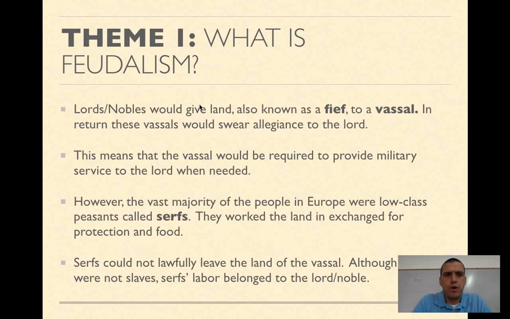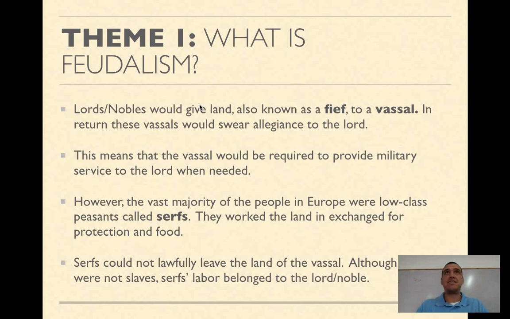So to continue theme 1, what is feudalism? How feudalism worked is that a king or a lord or a noble would give a piece of land to someone, and it was known as a fief, this piece of land, and that's why they were called fiefdoms. And he would give it to a vassal. So a king would give land to a lord, and that lord would become the king's vassal. And in return, this vassal would pledge allegiance to the king.